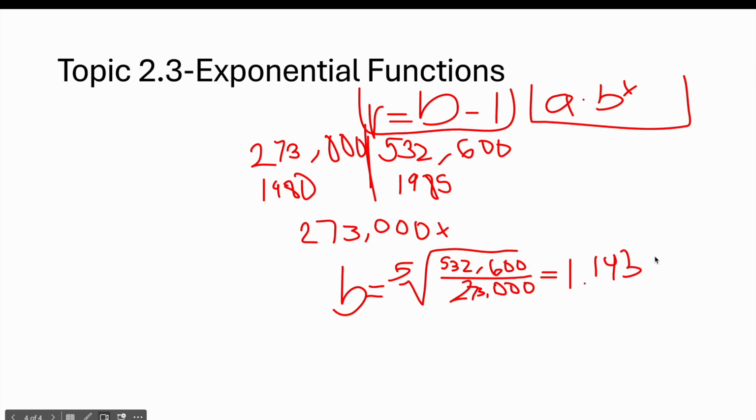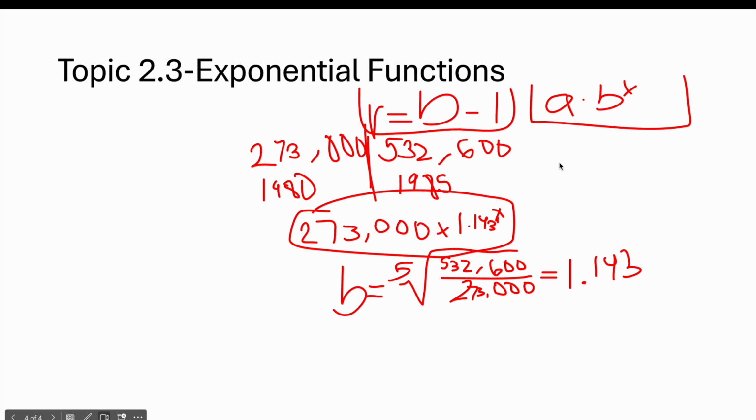It doesn't have to be in exactly 3 decimal points unless it specifies, like round to the tenths, the hundredths, the 10,000ths. So our function becomes 1.143 to the power of x.